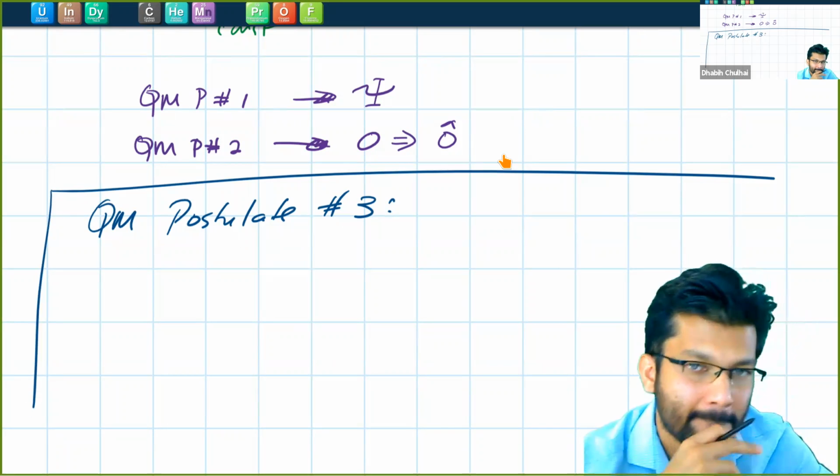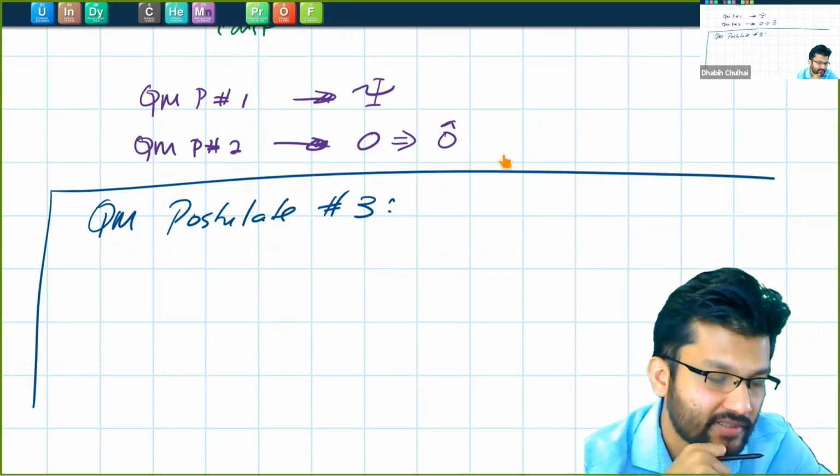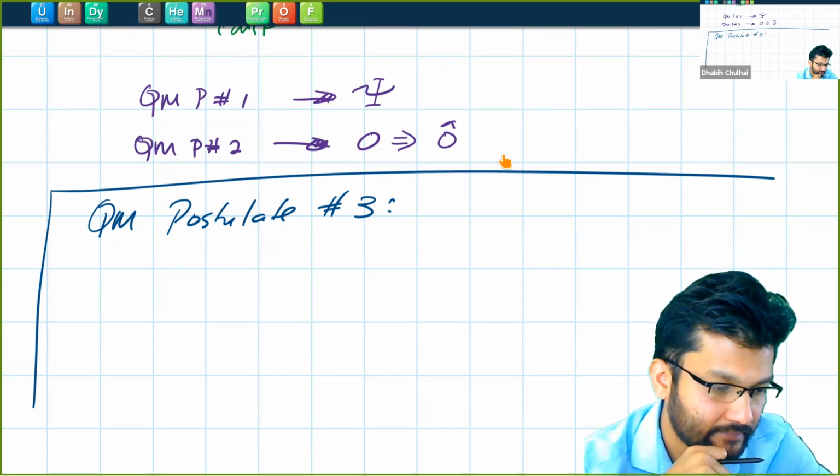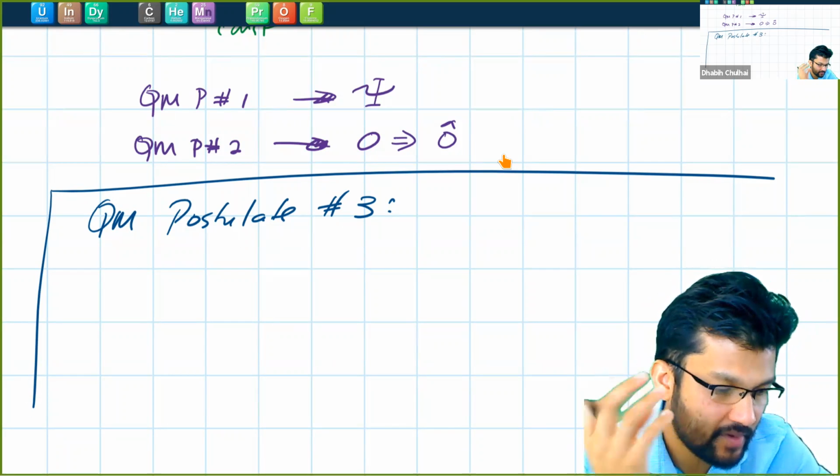We talked about how observables relate to measurements, and these measurements come from operators.